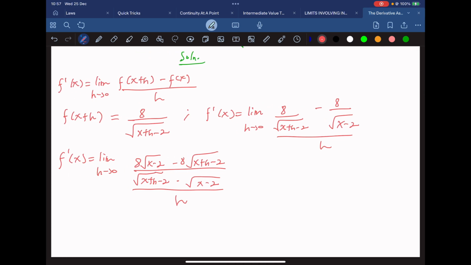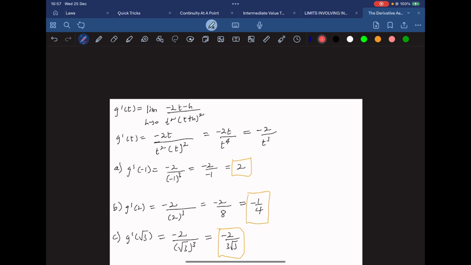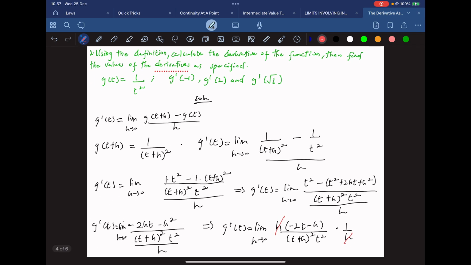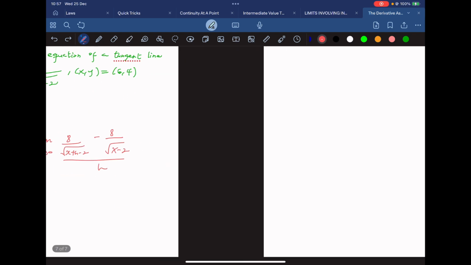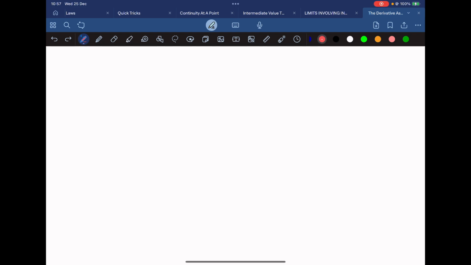Now remember, this is not like the previous example that we did. You see this right here, in this case, you have a radical form. And remember that I said whenever you have a radical form, you have to find its conjugate. So in this case, we have to find the conjugate of our expression.